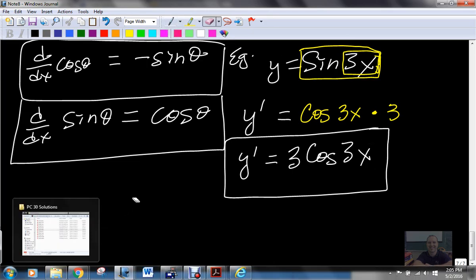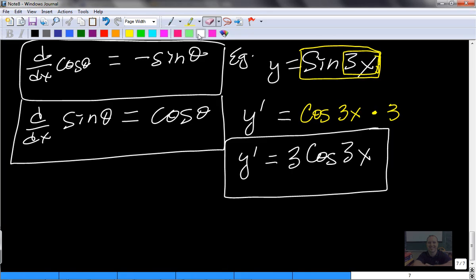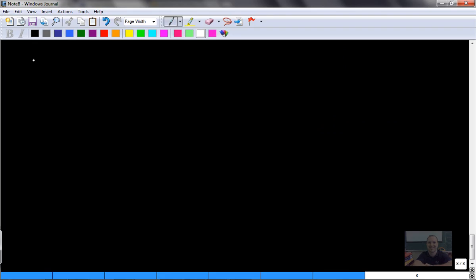All right. Let's do one more example before we get going a bit more. Let's do something a little bit more challenging. Function notation, I like this one. Cos of x squared minus 2, all squared.